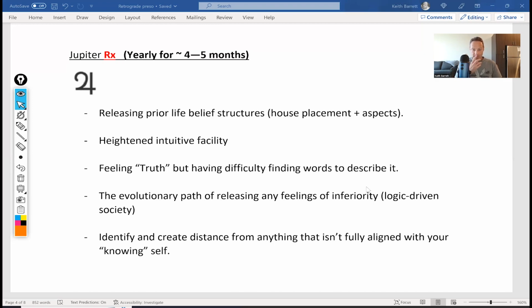And then going back to the belief structure thing, there could be releasing the feelings of inferiority, right? So if you have Jupiter retrograde and you are a very creative, intuitive person that gains a lot of wisdom through just alone time or meditation or dream states or doing mundane tasks, and you can't explain a lot of it to people, that could be people dismissing you, saying that's not true, or what's wrong with you, right?